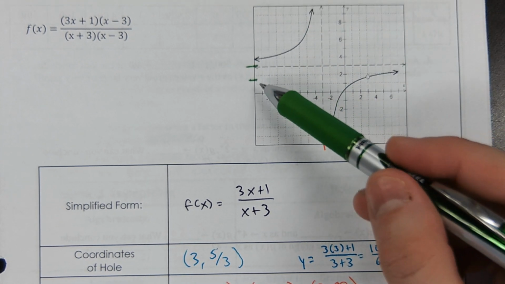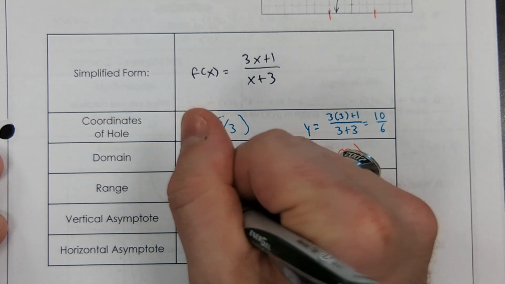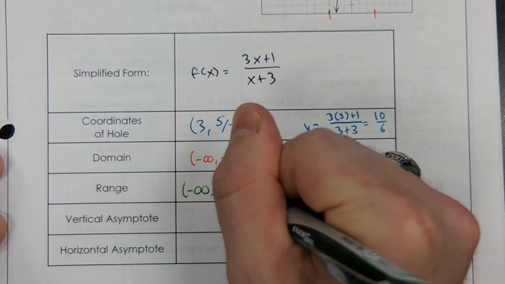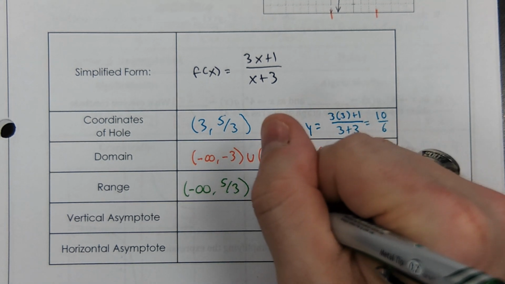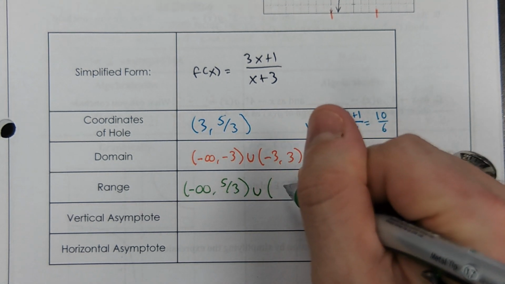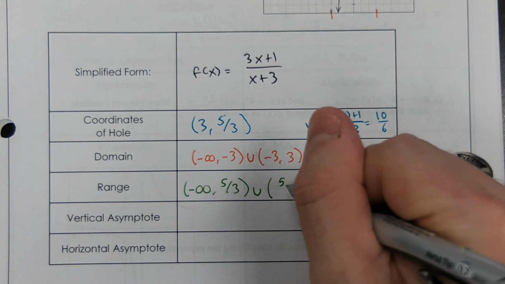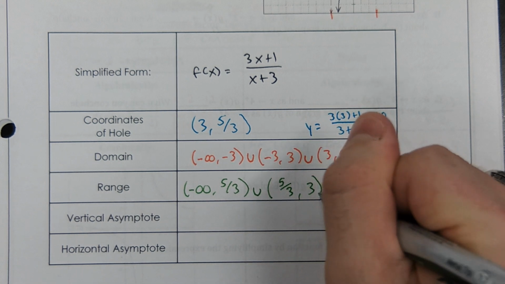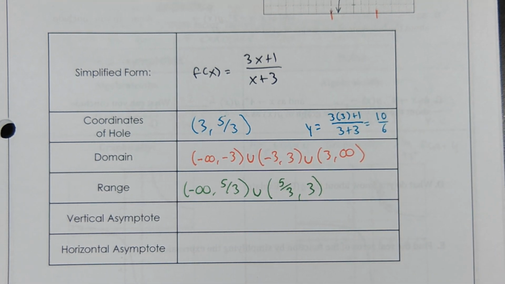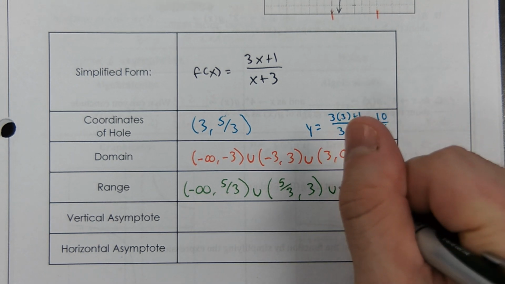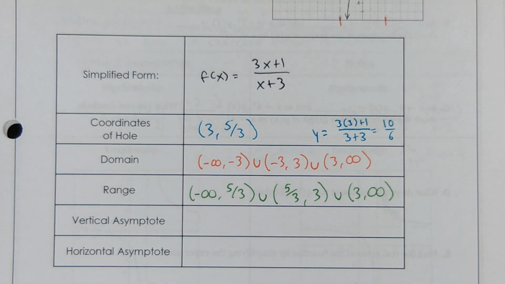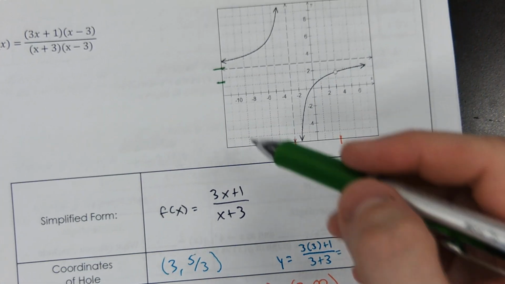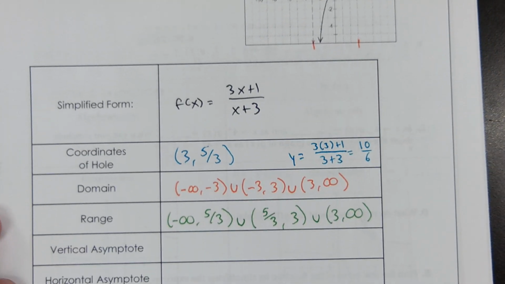So below 5/3, between 5/3 and the horizontal asymptote at y equals 3, and then to the north of the horizontal asymptote of y equals 3, so from 3 to infinity. That was these 3 zones.